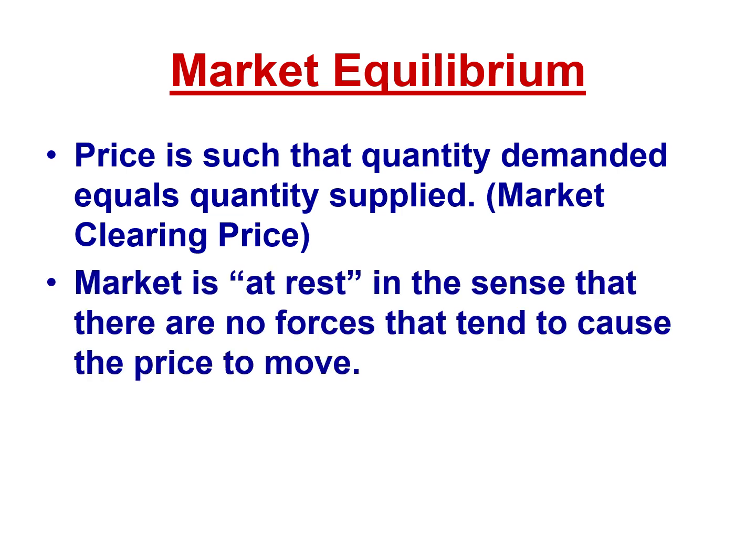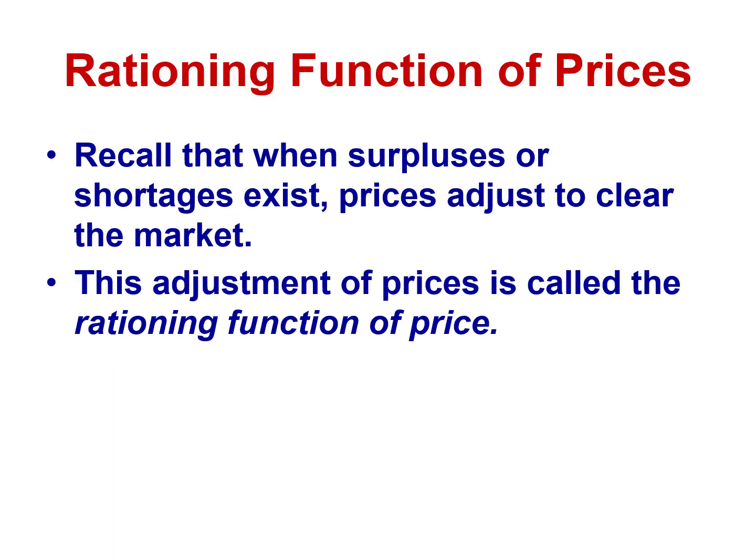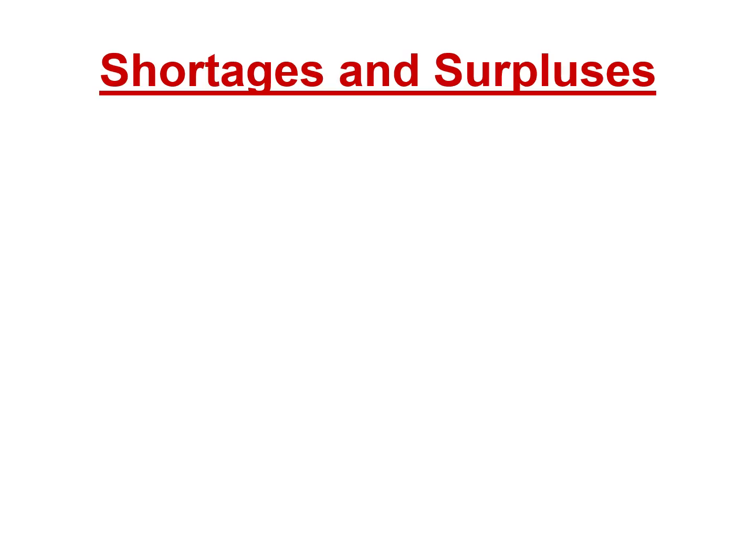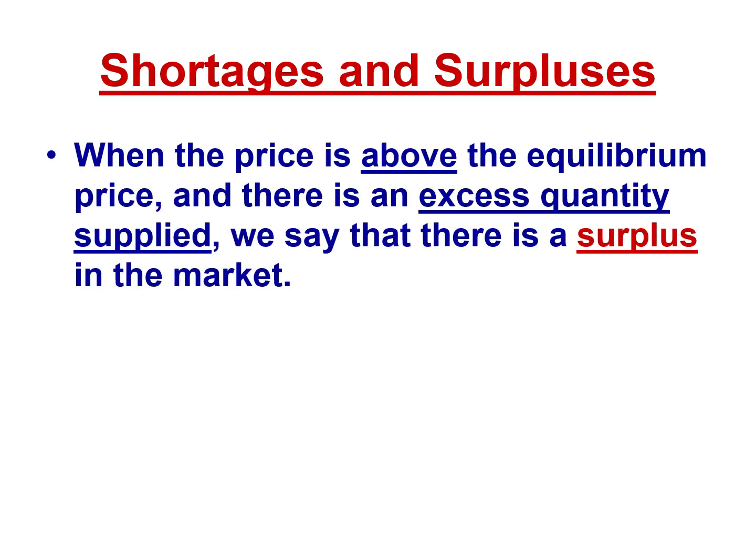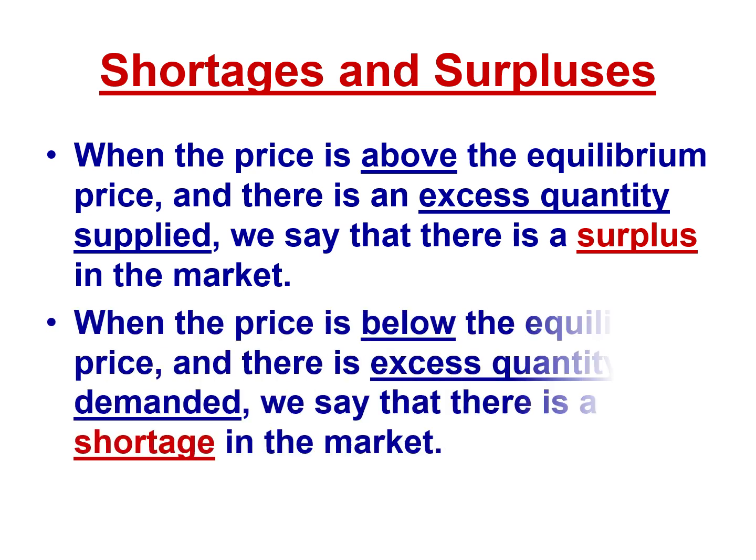This is the idea of the market clearing price, the rationing function of prices, that for the time being we're at rest here, the idea that prices will be the mechanism which adjusts buyers' and sellers' behavior. If price were set above the equilibrium or below the equilibrium, it's going to create a market surplus or a market shortage. Let's discuss surpluses and shortages in more detail.